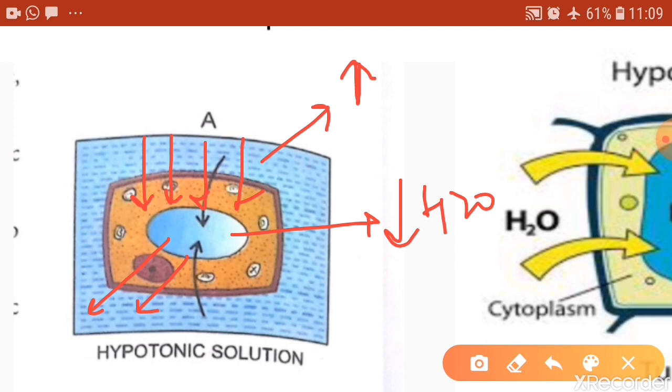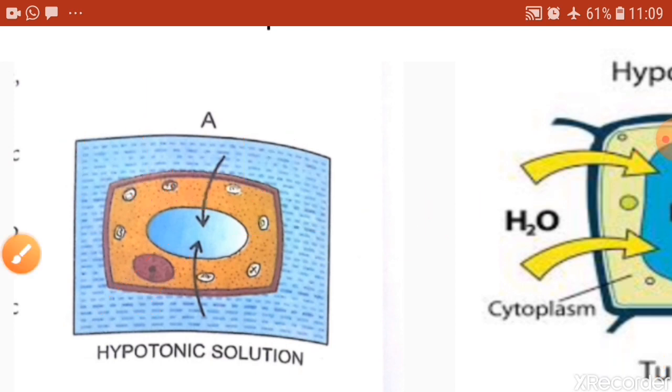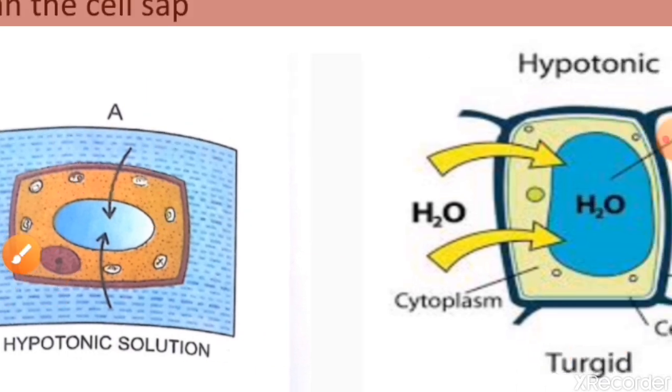So the net result is that the cell gains water by endosmosis. There is a gain of water by the cell, and as a result the cell swells.